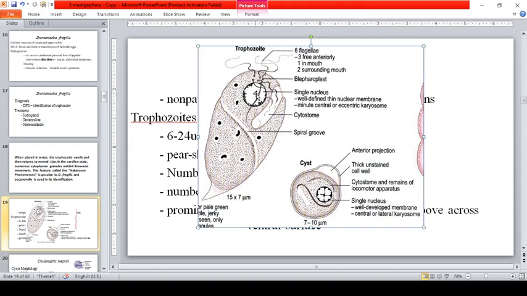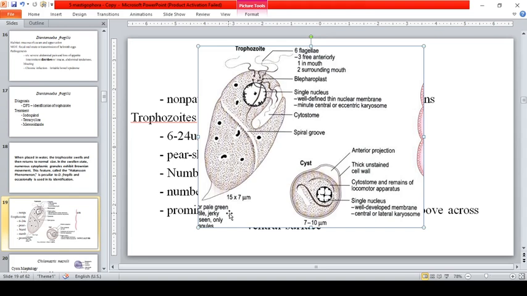Sometimes the caryosome can be found in the center or eccentric. And the presence of the cytostome, like its oral cavity. Cytostome and the presence of the spiral groove. The spiral groove is present in the trophozoite stage.